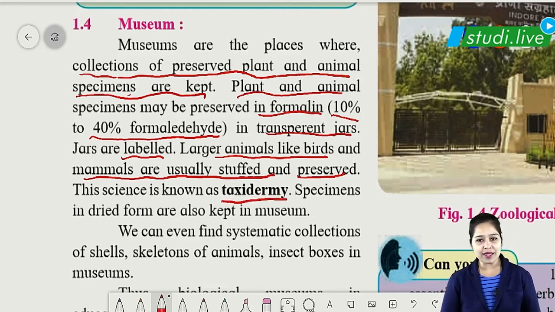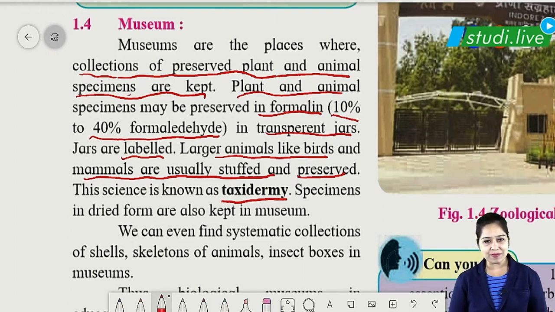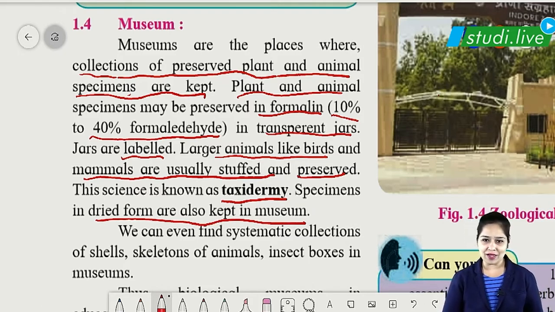And also in museum, we have specimens in dried forms. They are also kept in museum. So in a museum, we have a collection of both plants and animal specimens in the same place. Either they will be kept in transparent jars, or they will be stuffed and preserved, or they can be dried. So we have so many different varieties in a museum.